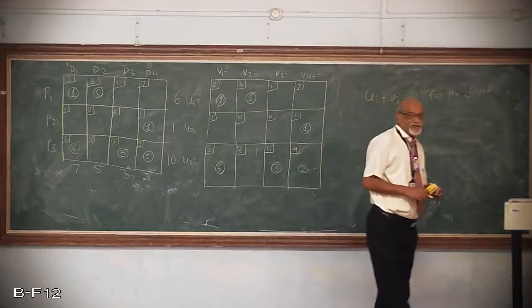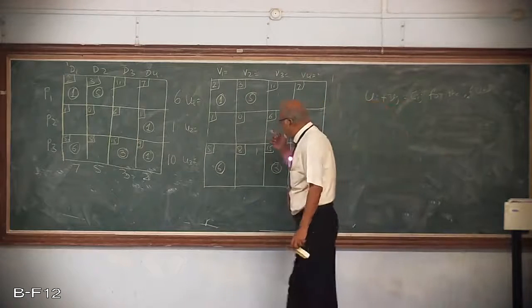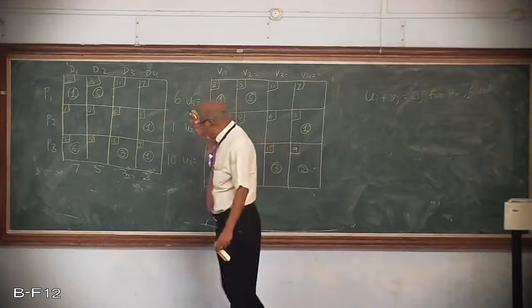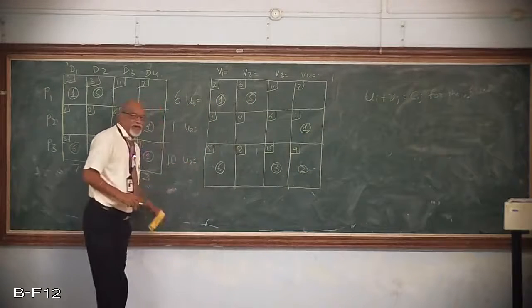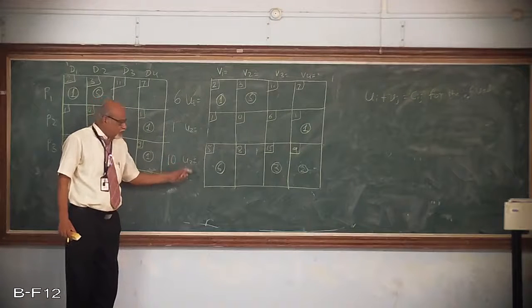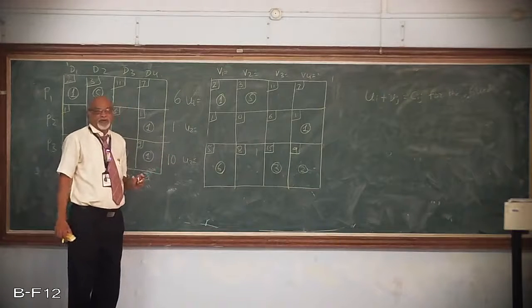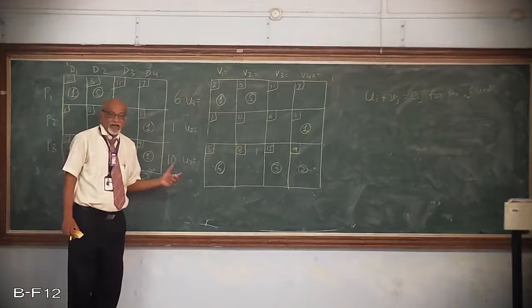But the easiest thing would be to assume that particular value of Ui or Vj where there are the maximum number of allocations, so that it becomes much easier for us to find the other values.